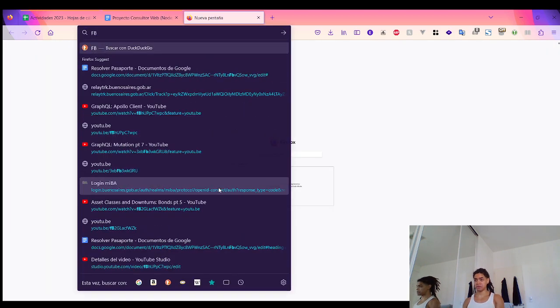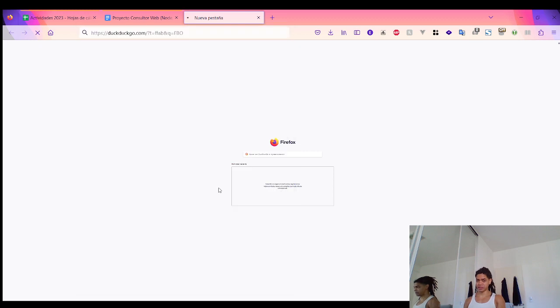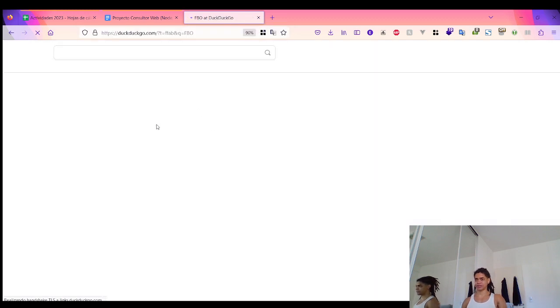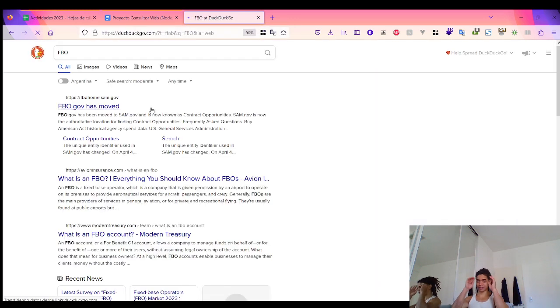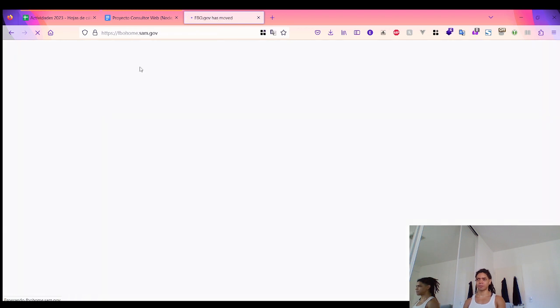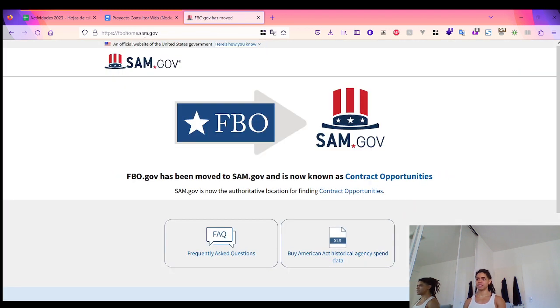When I looked at the FBO, it was like, what the hell is this? FBO has now moved to SAM.gov, and they live under this domain.